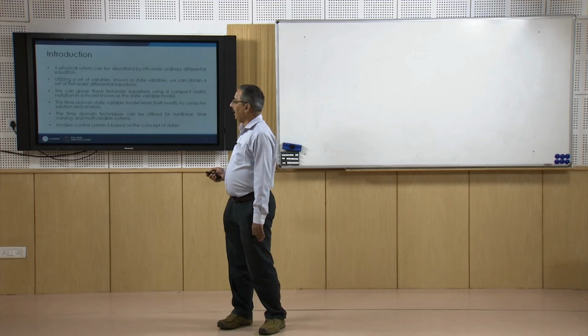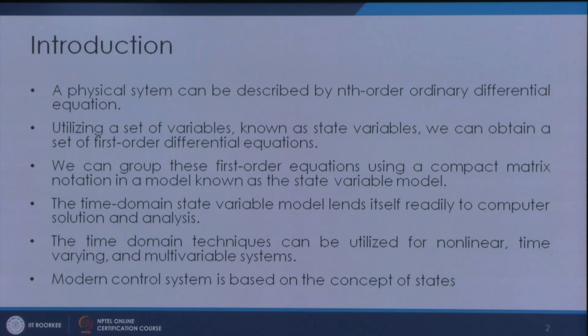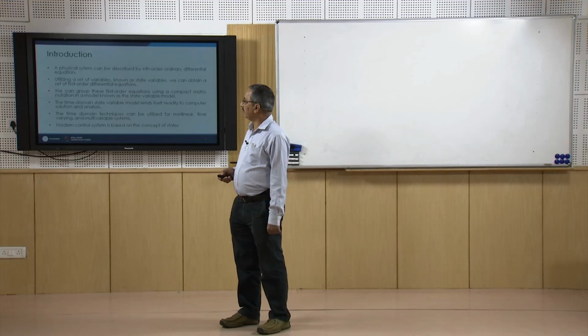So, as we have seen, a physical system can be described by nth order differential equations. We have seen many examples of mechanical, hydraulic, electrical and pneumatic systems in our earlier classes, and we have seen that we can describe the physical system with the help of an nth order differential equation.